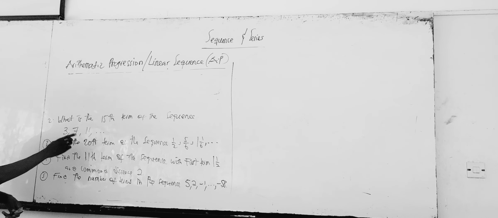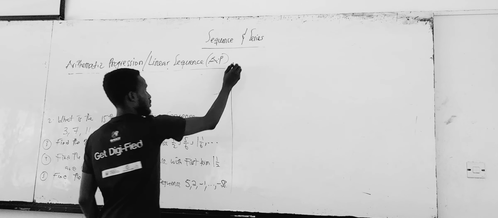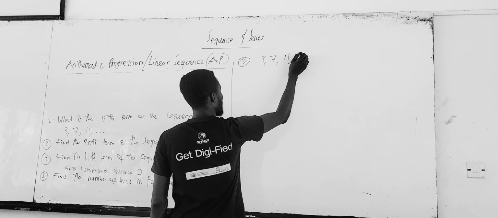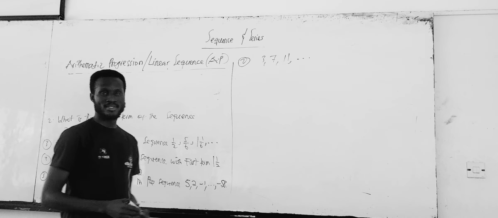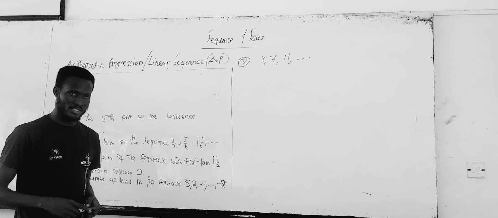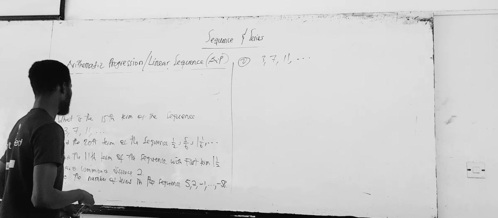So this one is an infinite sequence. We are looking for the 15th term. We have the sequence 3, 7, and then 11. We don't know the last number, so it goes up to the nth term, up to infinity. Now what we are looking for is the 15th term.